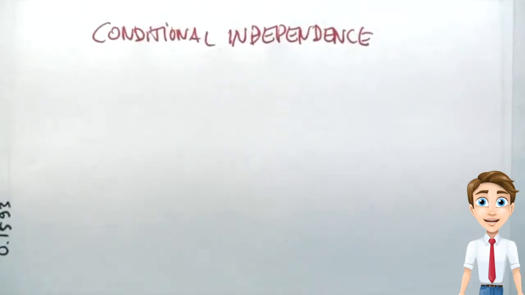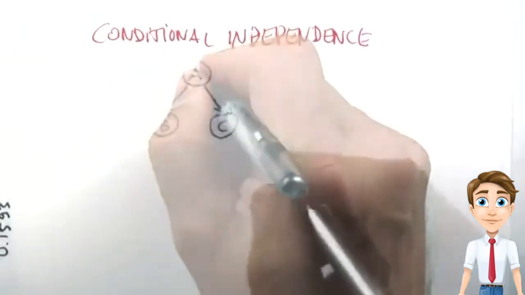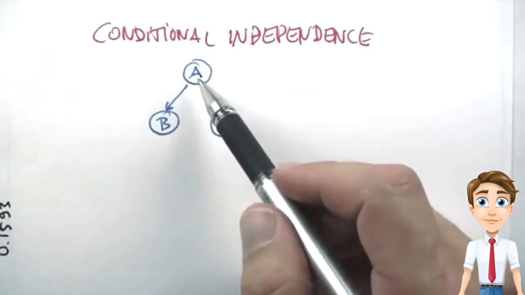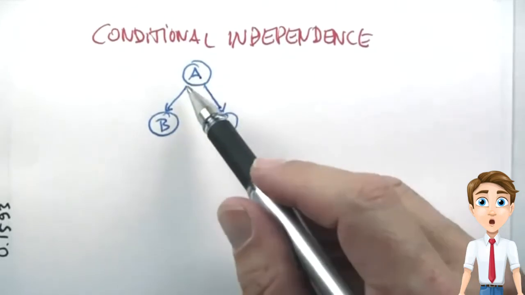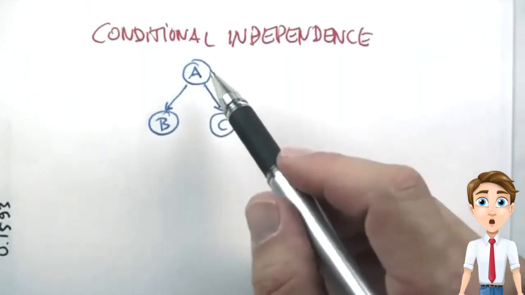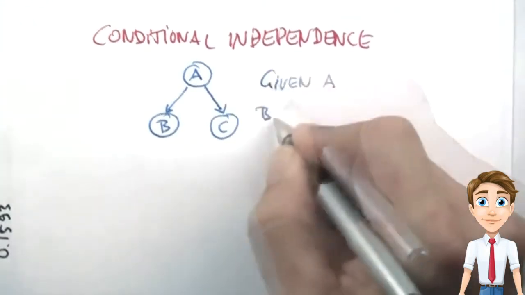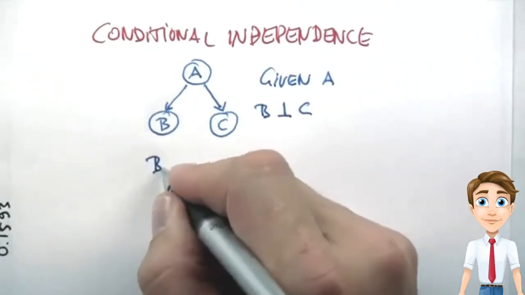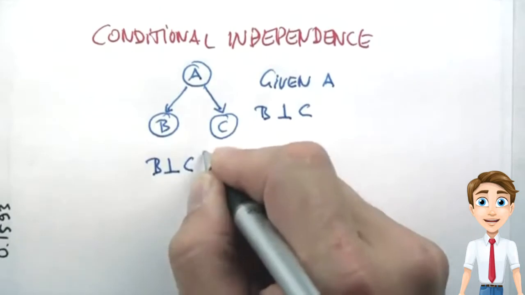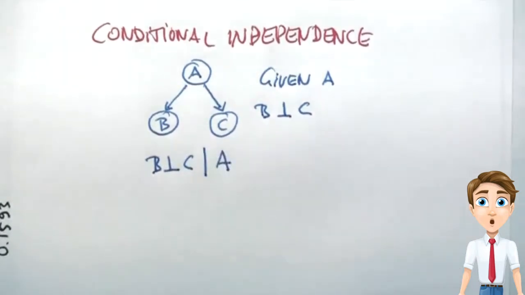So conditional independence is a really big thing in Bayes networks. Here's a Bayes network where A causes B and C. And for a Bayes network of this structure, we know that given A, B and C are independent. That's written as B conditionally independent of C given A. So here's a question.